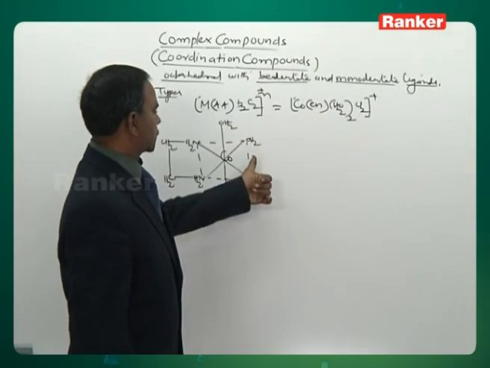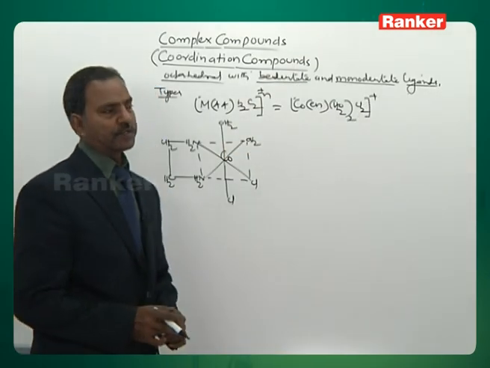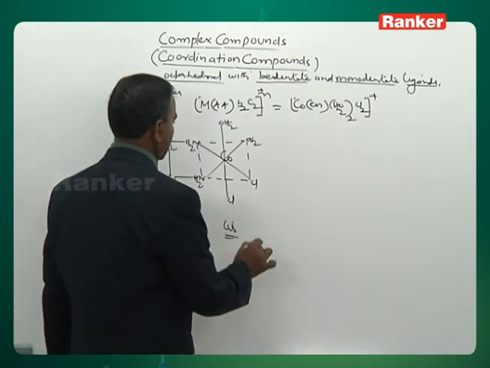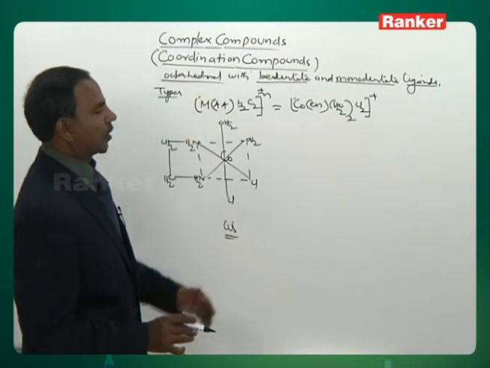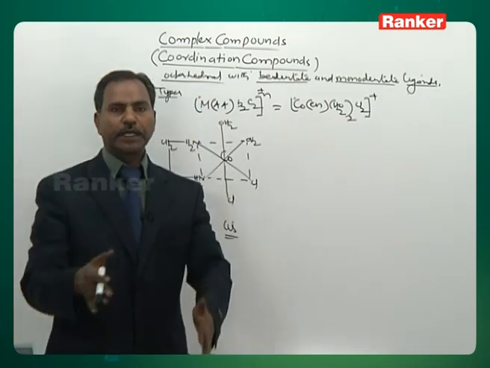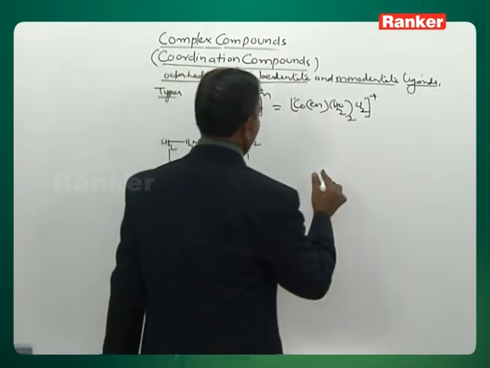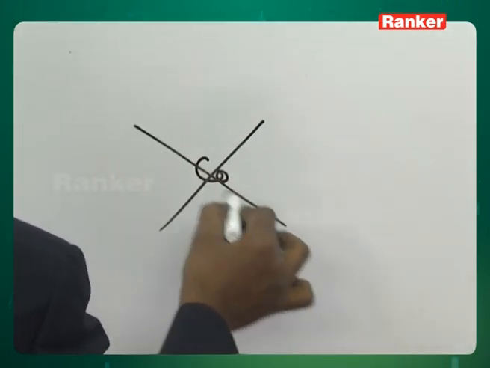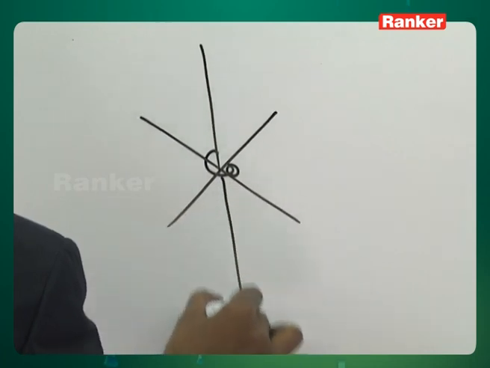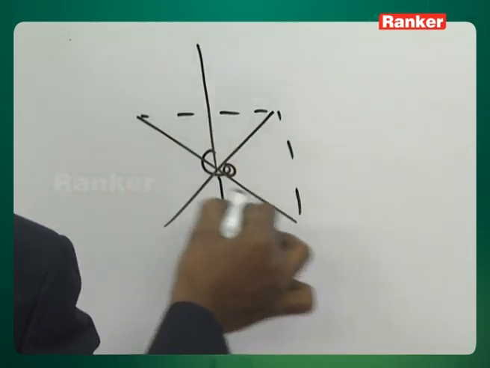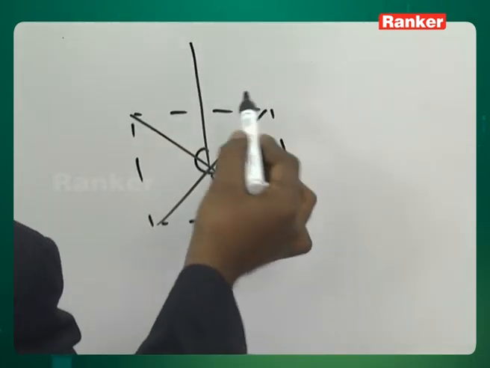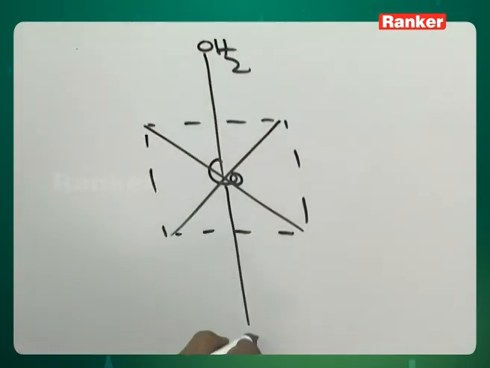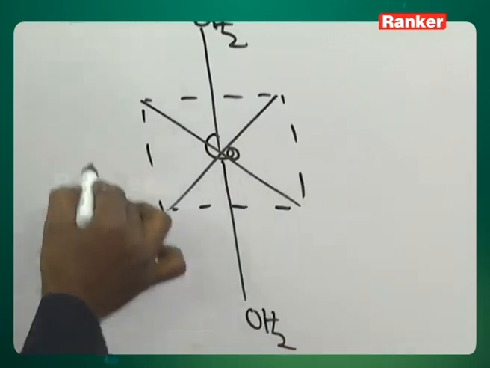Take this as cis. This is what let us consider as the cis complex. Now either the chloride ligands or the aqua ligands we keep in the trans position, axial. We write the trans isomer. Take either the chloro ligand or the aqua ligand, right?